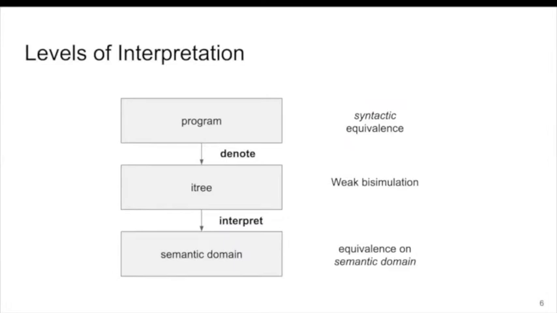And then we interpret these iTrees into the semantic domain, which has its own notion of equivalence. And the way that we actually implement this denotation phase is that we recurse on the program syntax, and then we have interaction tree combinators for various program control flow operators.